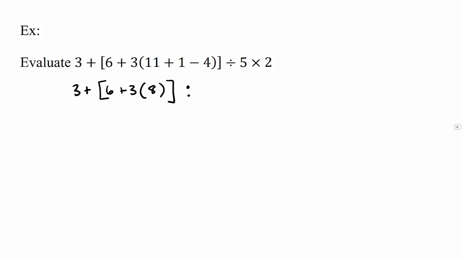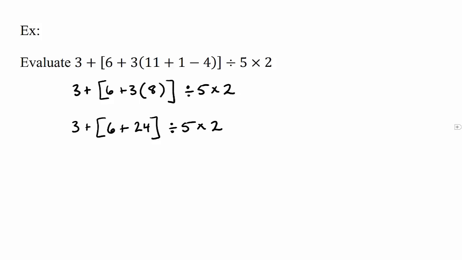And then we divide by 5 and multiply by 2. I'm then going to keep going inside my brackets. I can see that I have a multiplication here between 3 and 8, so I'm going to do that multiplication first. That's going to be 6 plus 3 times 8, which is 24. Now I'm going to keep doing what's inside the brackets.